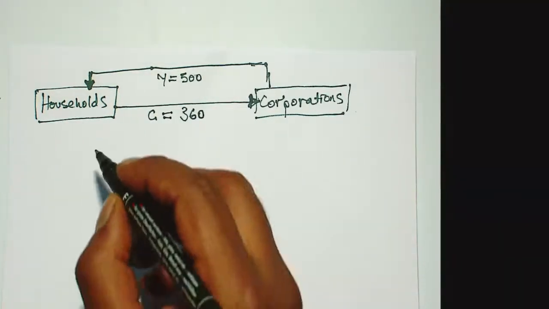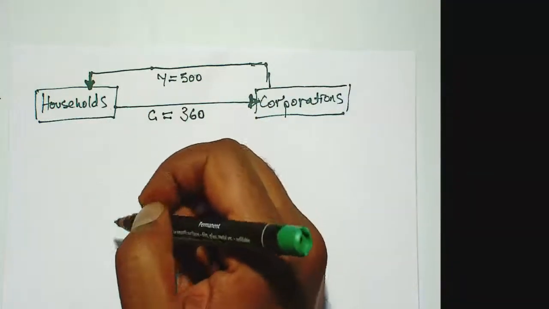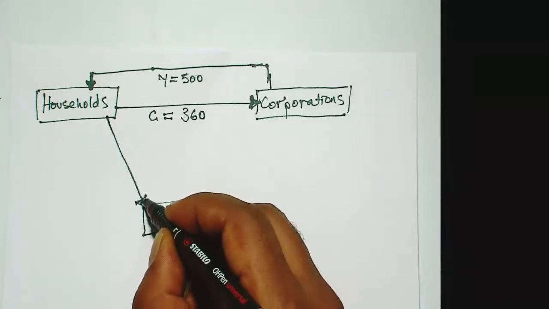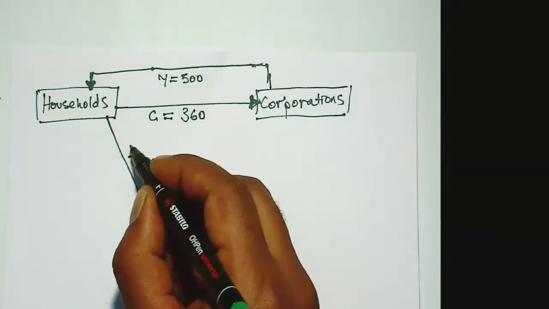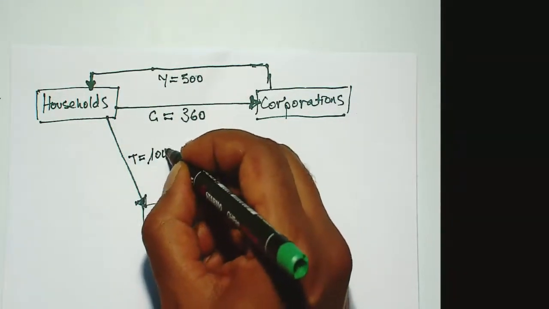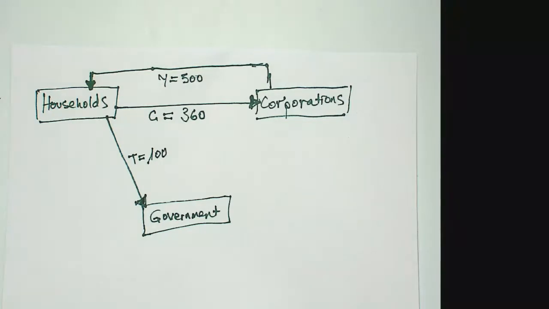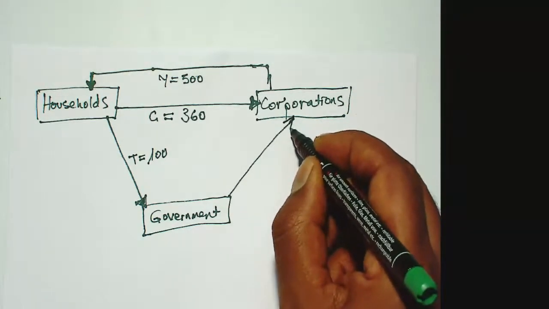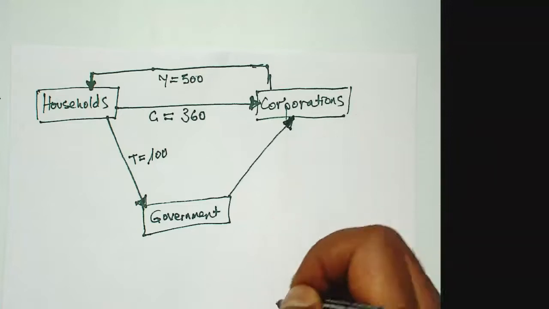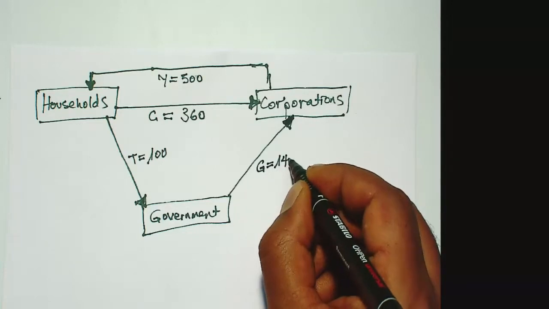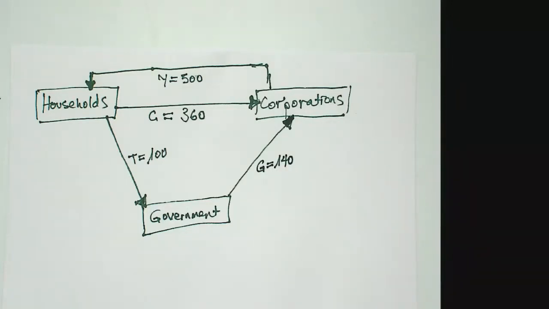We have said that households pay an income tax of 100 euros to the government, so they pay 100 euros to the government in the form of tax, which takes us from household to the government with an arrow, and it can be indicated as tax equals 100 euros. We have again said the government buys cars from the corporation, or from the car industry to be exact, for a value of 140 euros, which is indicated as government expenditure.